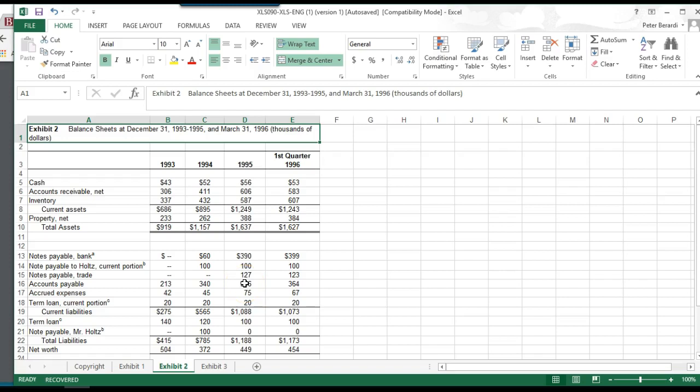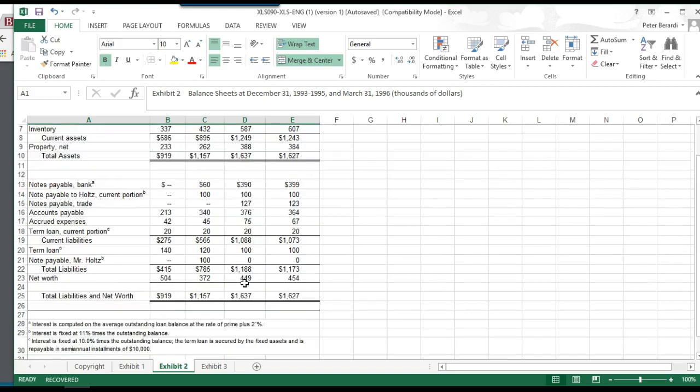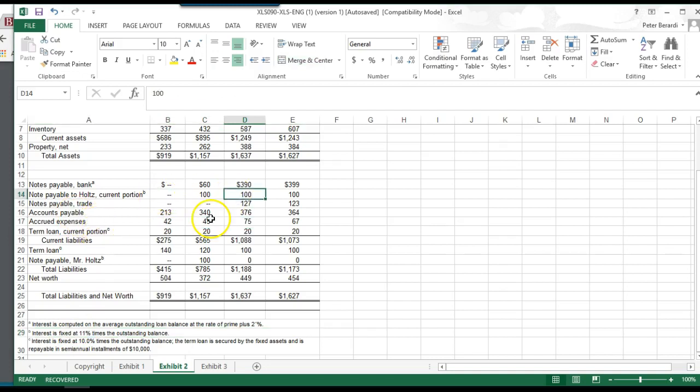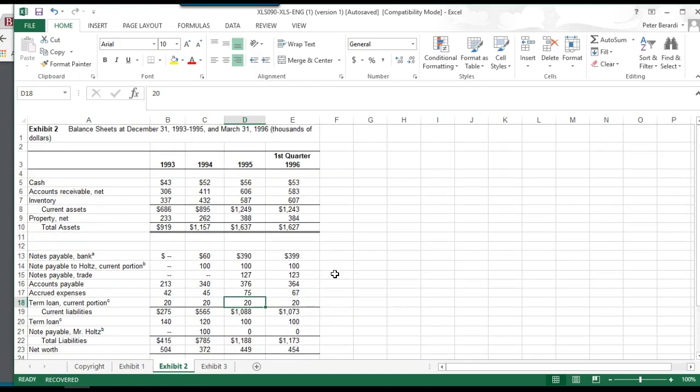Exhibit 2 is the balance sheet. So interest is computed on average outstanding loan balance at a rate of prime plus 2%. Interest is fixed at 11% for the outstanding balance for B. Interest is fixed at 10% times the outstanding balance for C. So you could project some kind of interest expense for the outstanding balance.